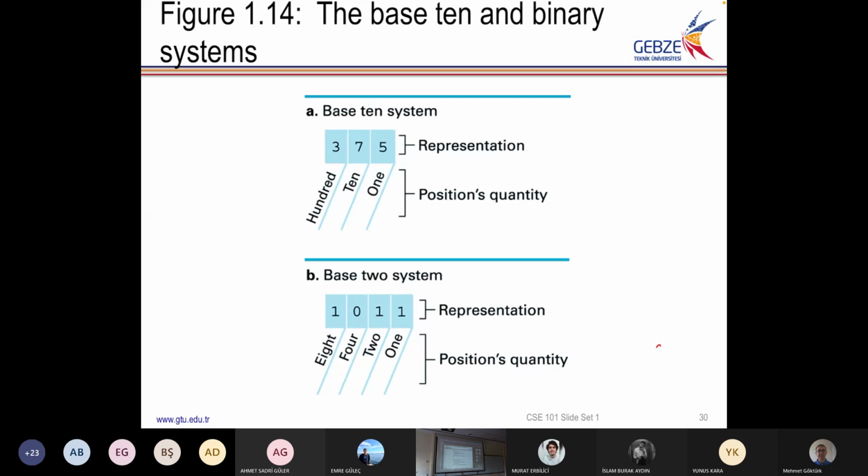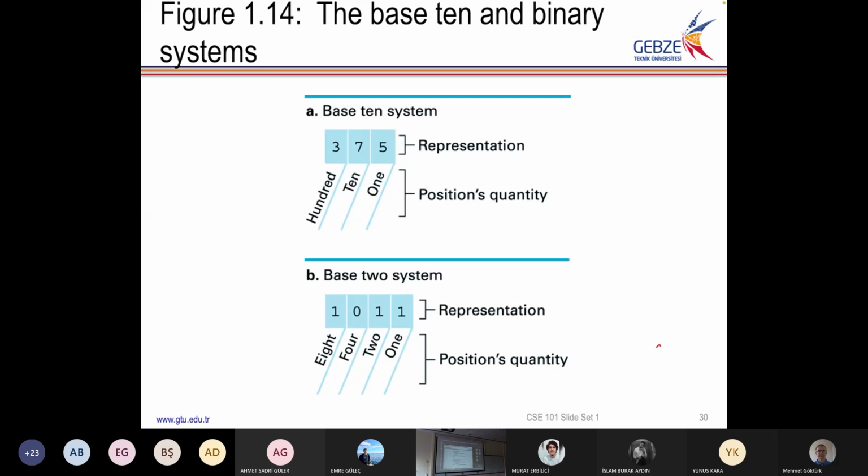So the difference between base 10 and base 2 systems, as a recap. With the base 10 system, 375: from 0 to 10 is the first digit. From 10 to 100, it's the second digit. From 100 to 999, it is the third digit, of course.